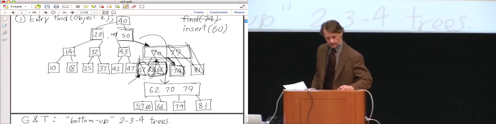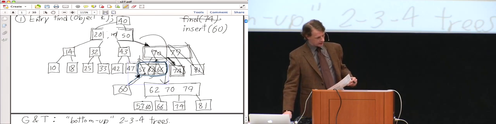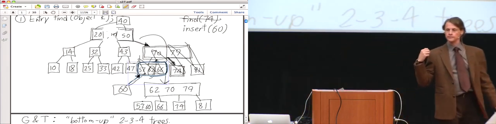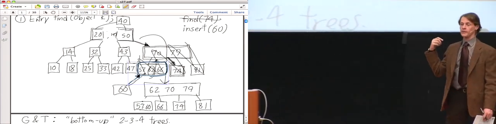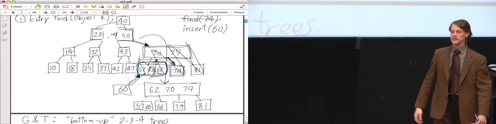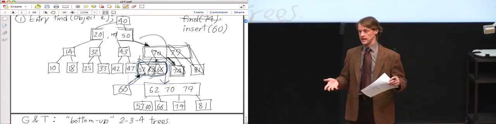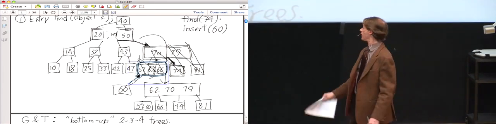So if we had tacked on a new child to 57 instead, like if we'd put the 60 here as a child of 57, then the tree would not be balanced anymore. And the whole purpose of this data structure is to make sure that the tree always stays balanced.